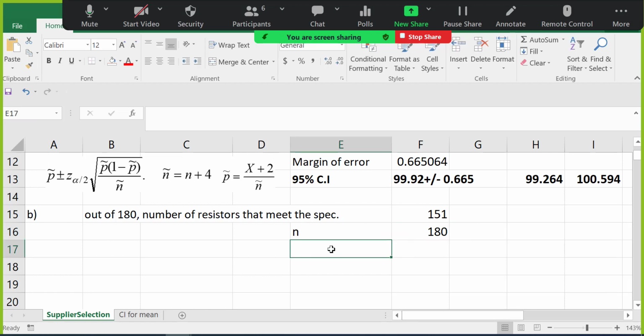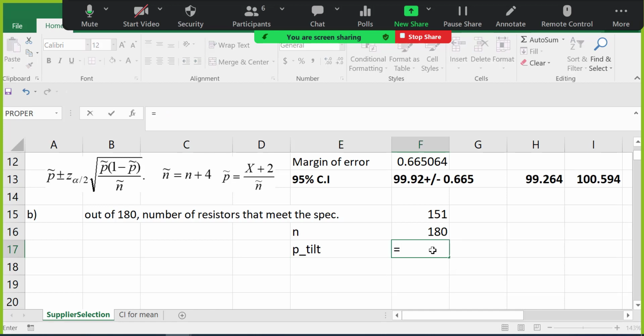So what we need is the p tilde. So p tilde equal to this x plus 2, divided by n plus 4.